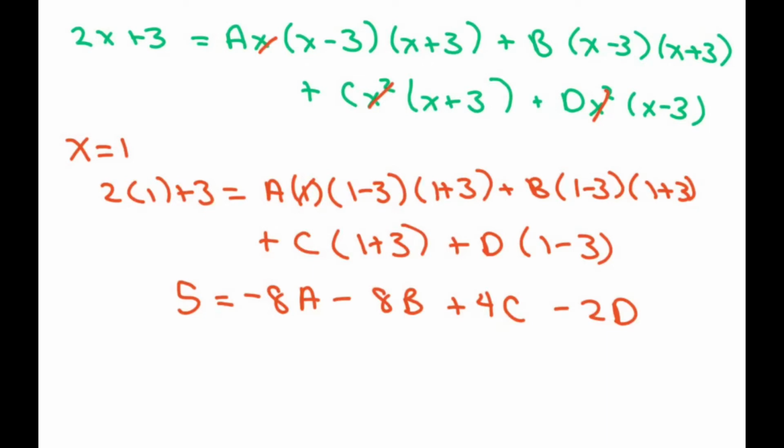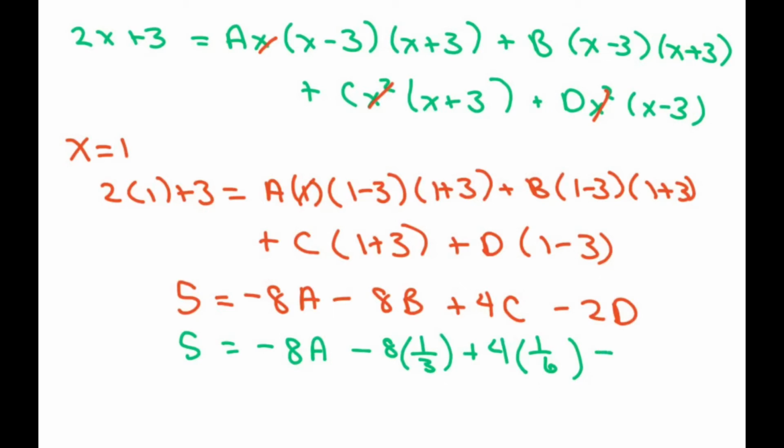And then we're going to plug in our B, C, and D. So we get 5 equals negative 8A minus 8 times 1/3 plus 4 times C, which was 1/6, minus 2 times 1/18.